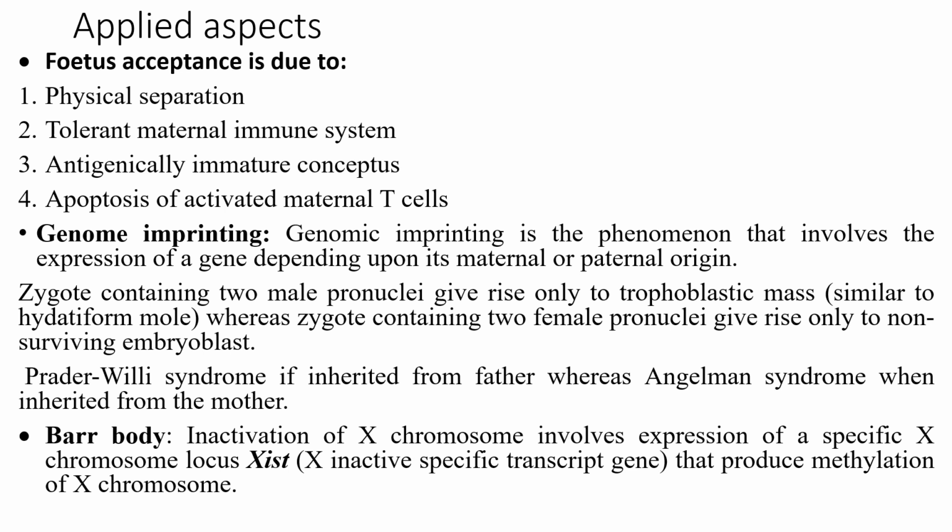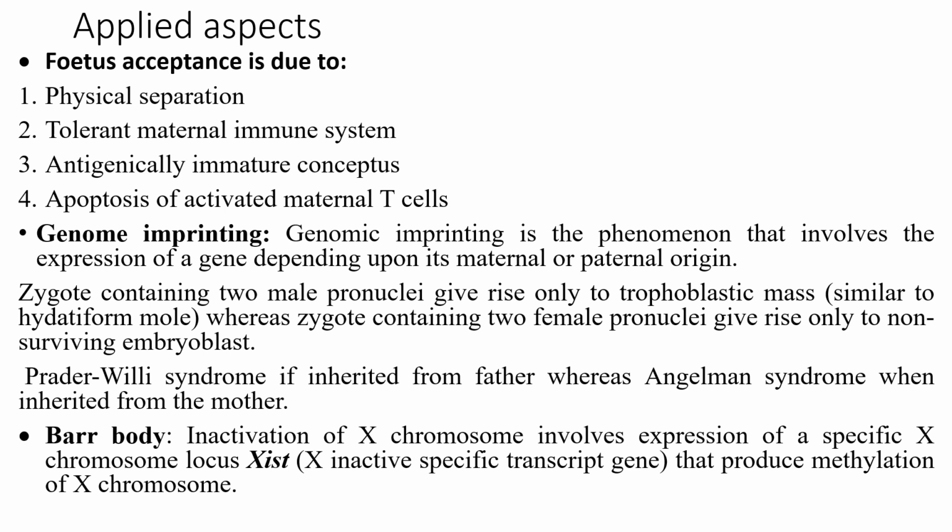Now the other scenario is if the zygote is formed by two female pronuclei, and the male pronucleus is absent or inactive, then it will give rise to a non-surviving embryoblast, and it will also lead to malignant change at times, known as ovarian teratoma.